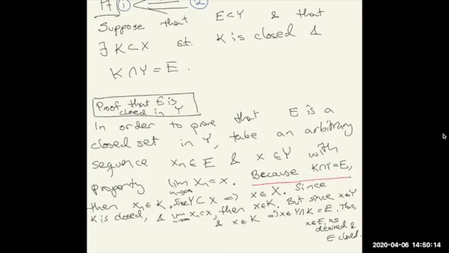So because K intersect Y is E, this means that the sequence of points that are in E is also a sequence of points in K. So this makes clear what assumption we are using. We stated that assumption here, so we can use it now. And it tells us what the conclusion is. Now, since Y is a subset of X, this limit point that was in Y will also be in X.